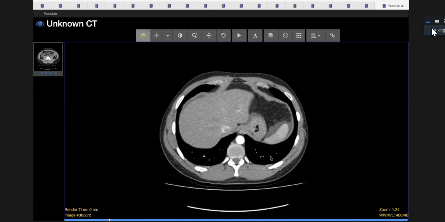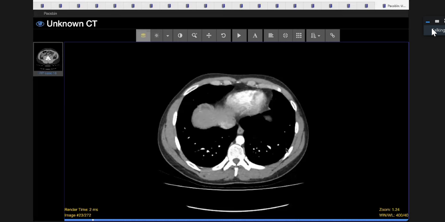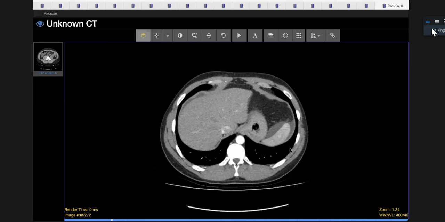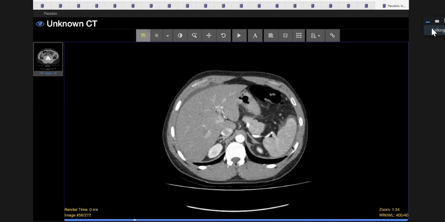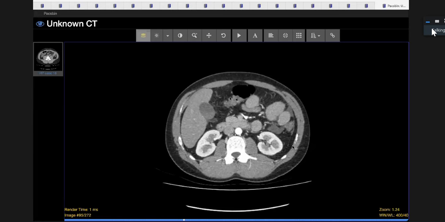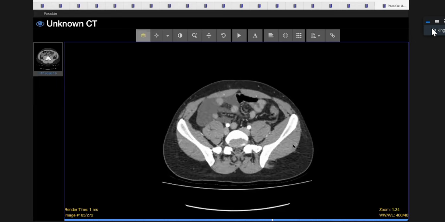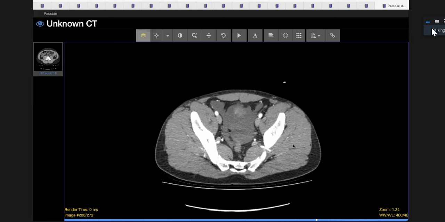He's woken up with horrendous abdominal pain. If it has now loaded up, feel free to scroll through. So I'm provided with post-IV contrast CT abdomen images in a patient who has been in a trauma. I'm going to take a scroll through before I make any comments on what's going on.